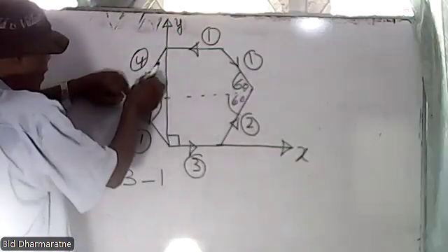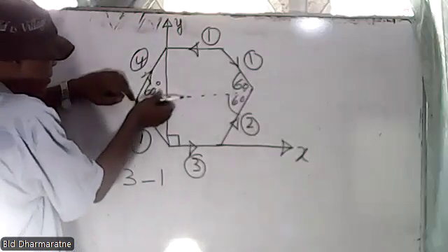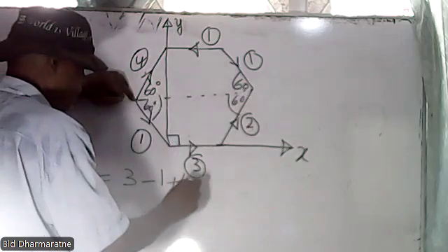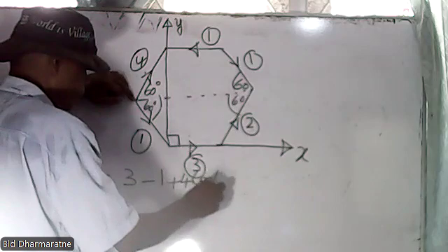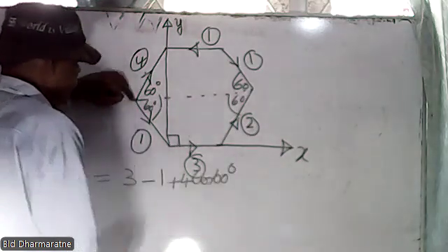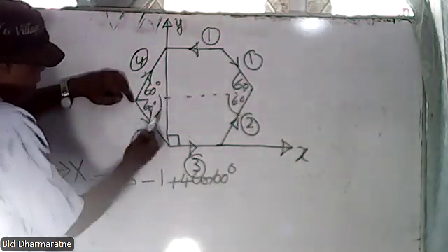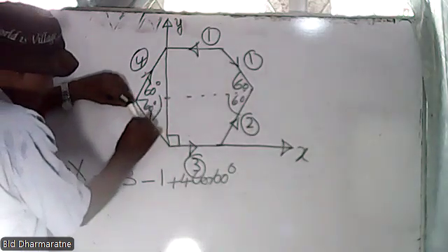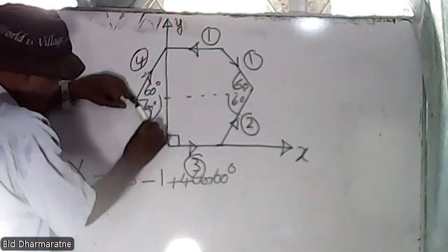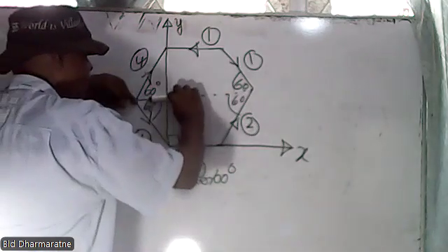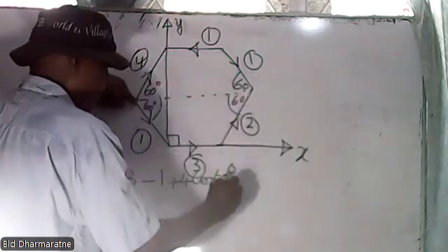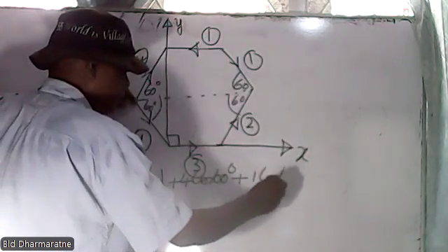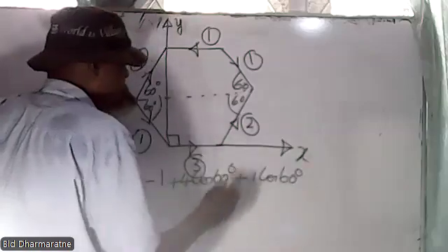This is 4 cos 60, positive. Plus 4 cos 60. This one is downward, but can be resolved: 1 cos 60 in this direction, plus 1 cos 60.